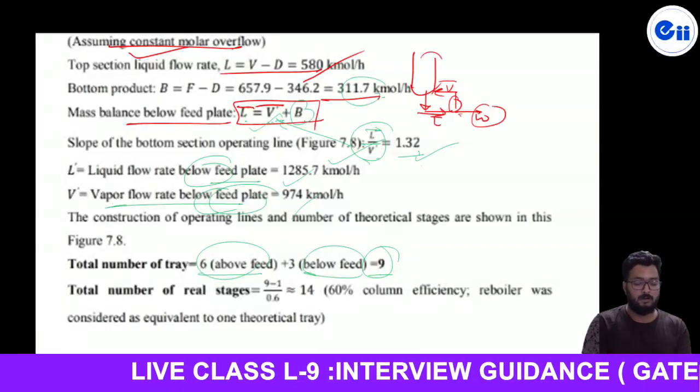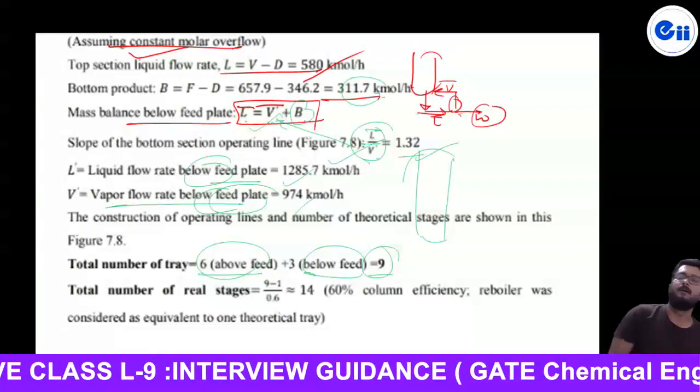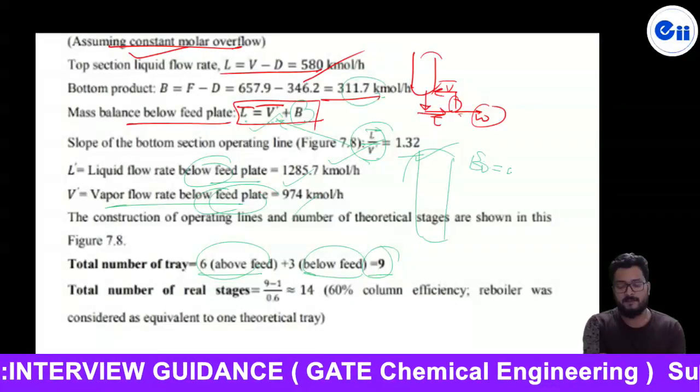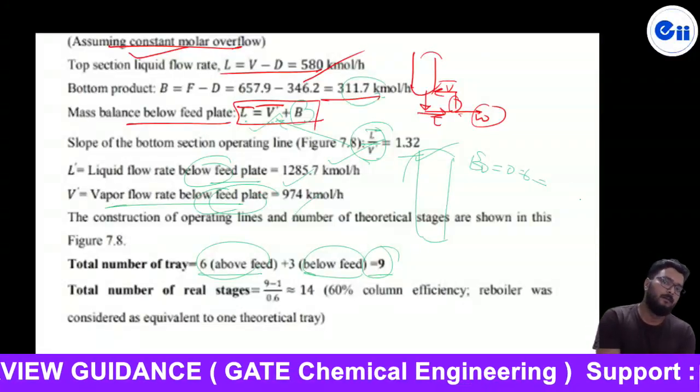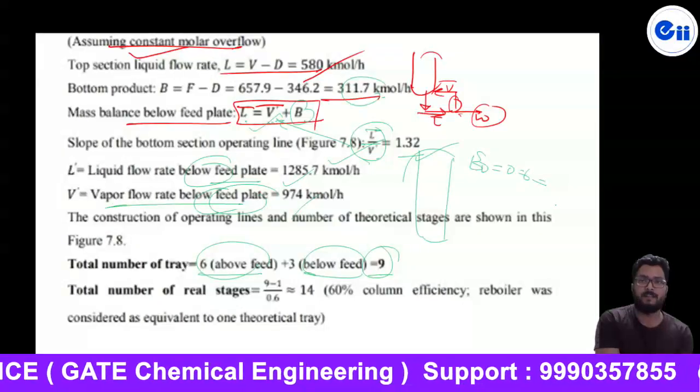And since the overall column efficiency is given as 60%, and we know that the question stated the overall efficiency of the column is 60%, and we know that overall efficiency is defined as ideal stages upon actual stages.